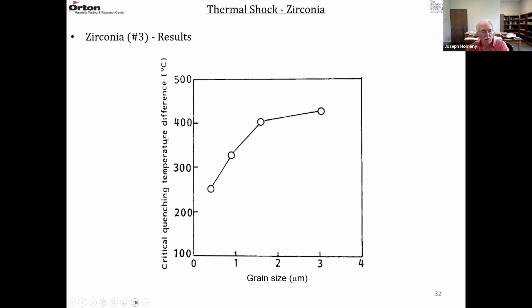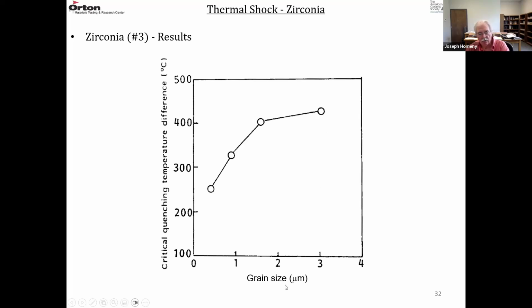So they looked at the critical quenching temperature difference before a fracture took place as a function of grain size. And this is in degrees C, so this is about 250 degrees C, went up to maybe 425 degrees C from the finer to the coarser grain size, from about half a micron to 3 microns.